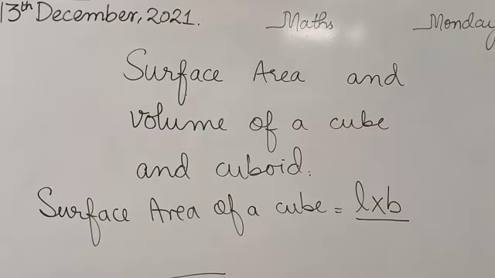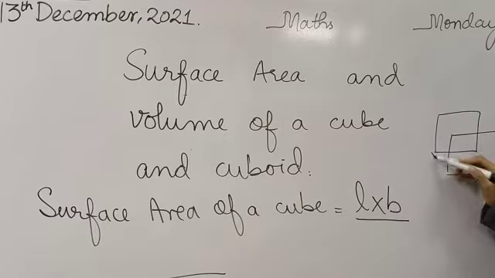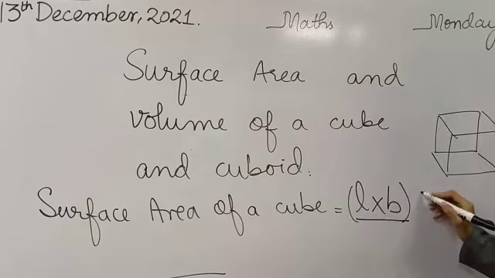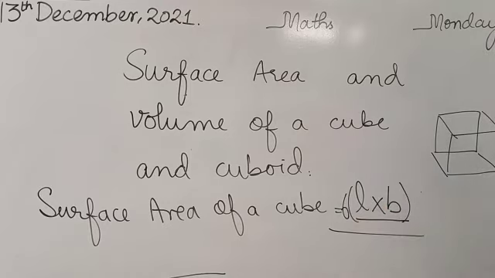And you know that a cube has 6 surfaces: 1, 2, 3, 4, front and 5, 6 back. So we'll multiply length and breadth with 6 to find out the surface area of a cube. Okay? Similarly, to find out the volume of a cube, we multiply length with length with length, L cube.